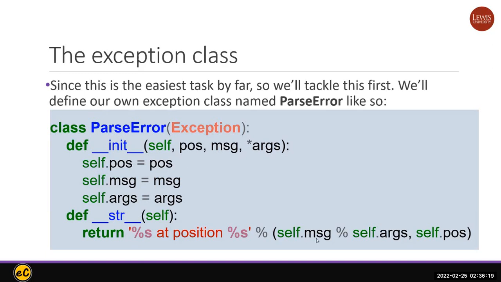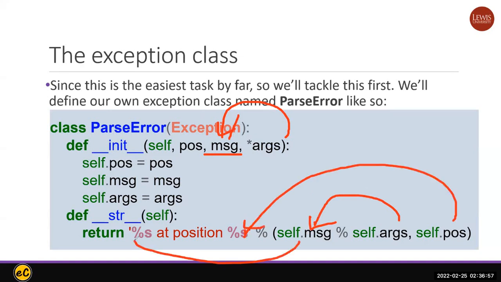It actually is your message, for example, like division by 0 error, and the position is where you put it. You will have the arguments that will be put into your message. This is a little bit complicated: your message may be a formatted string, and your arguments will be put into the formatted string. So this one is put into the formatted string, and your position is put here, and this one is put here, okay.